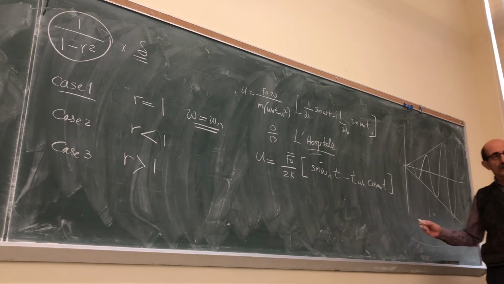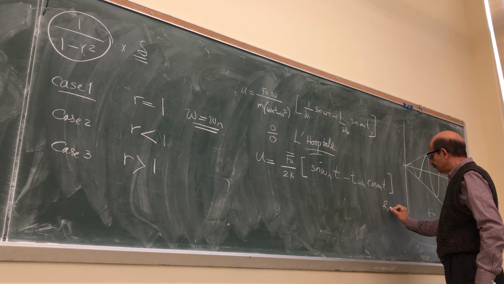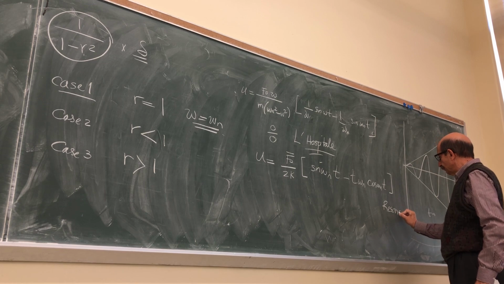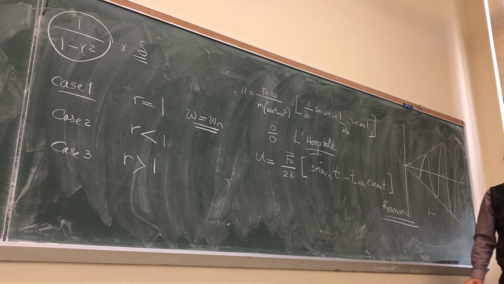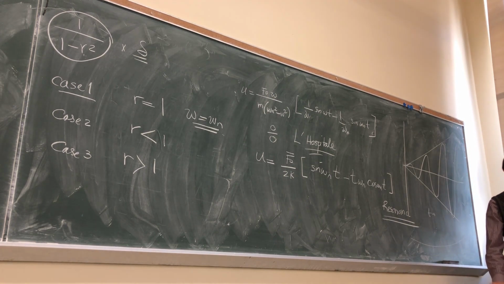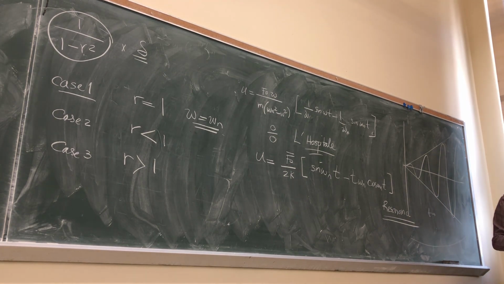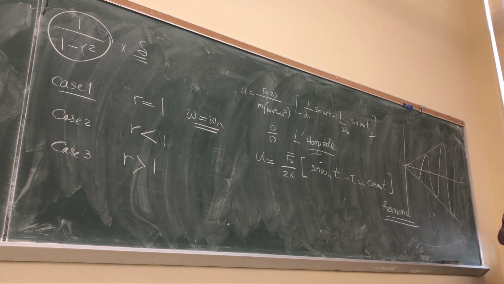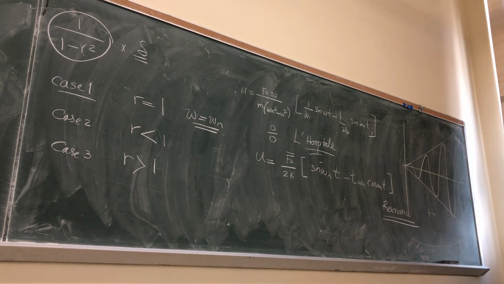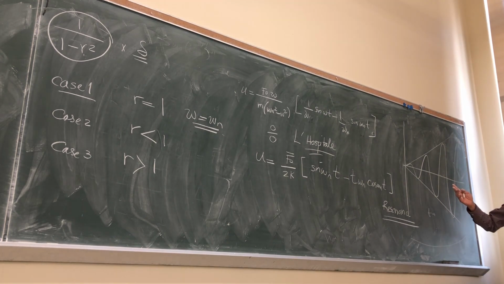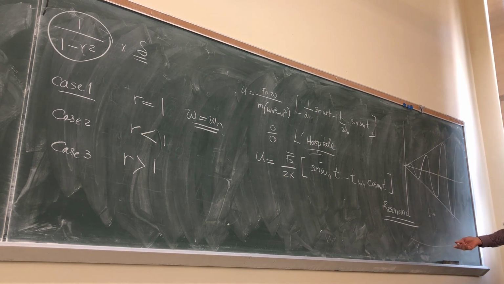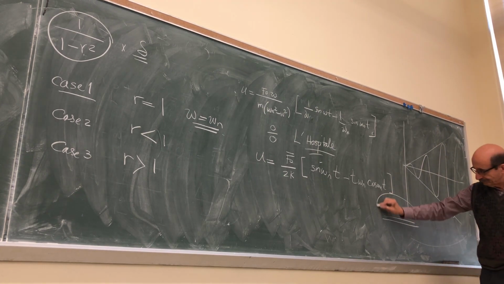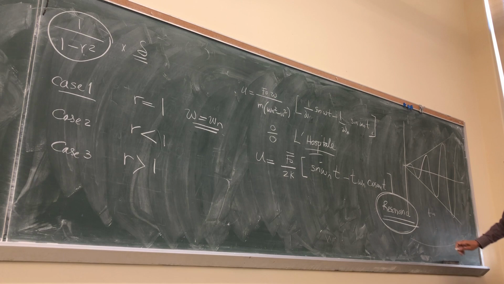This is the phenomenon called resonance. So if you have an undamped system and the forcing frequency is very close or becomes equal to the natural frequency of the system, the amplitude basically goes to infinity, meaning that the system is destroyed. That's a very, very important phenomenon.